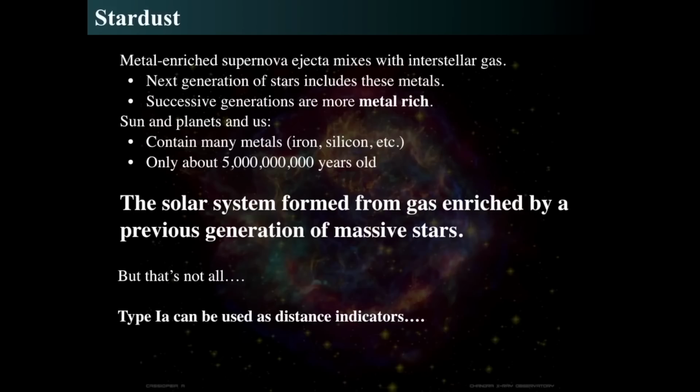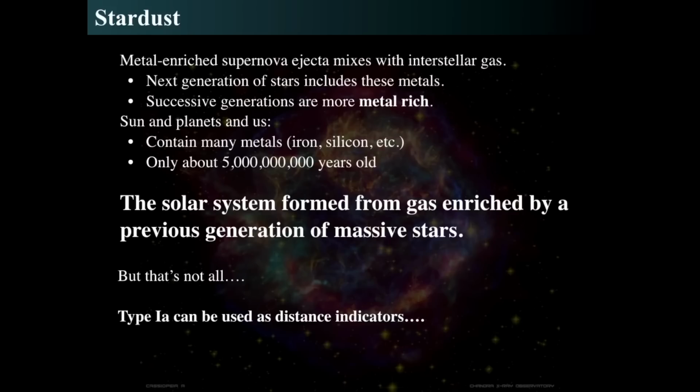So the supernova ejecta then mixes with the interstellar gas. That makes other stars that may use these metals. And remember, astronomers call metals anything with an atomic number greater than helium, and successive generations of stars become more metal rich. So everything that we know, all the iron and silicon and phosphorus and carbon and oxygen, comes from exploded dead stars.